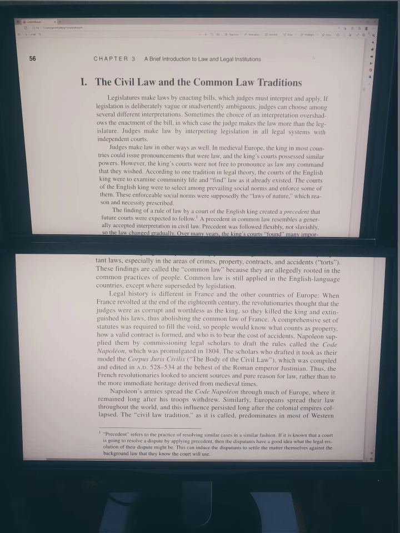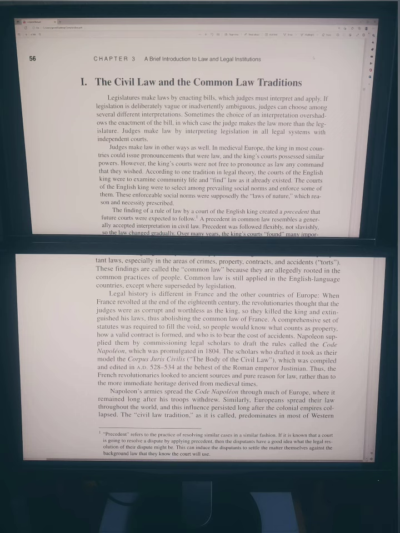Another difference between the two systems concerns the use of juries. Juries were commonly used in common law systems. In America, either party to a dispute usually has the right to a jury trial, although both parties sometimes waive this right and allow the judge to decide the case.